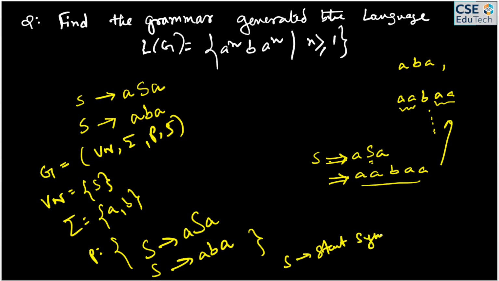So this is basically the grammar for the language a to the power n b a to the power n.